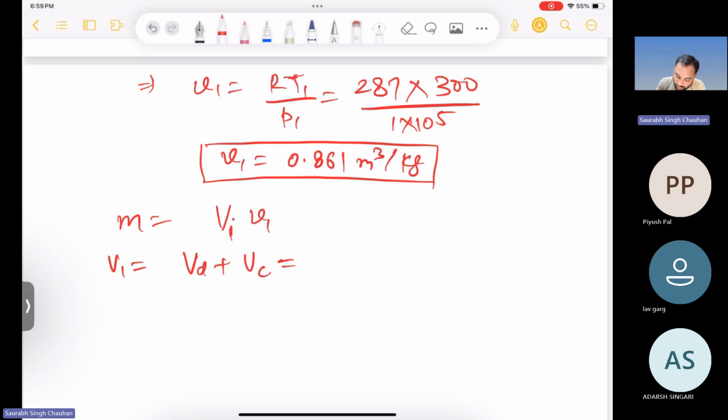If you take VD, the displacement volume, common, then it will be VD times (1 plus VC by VD).